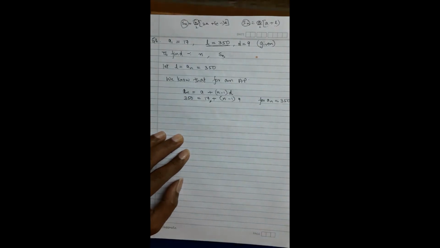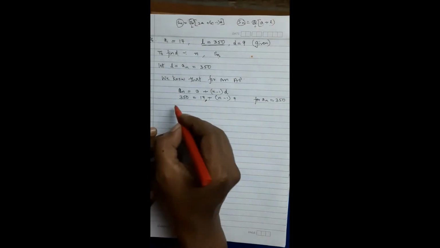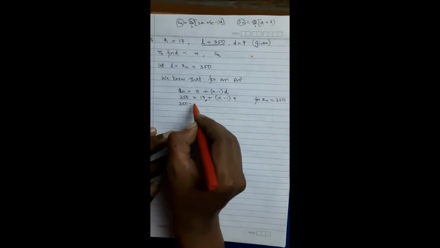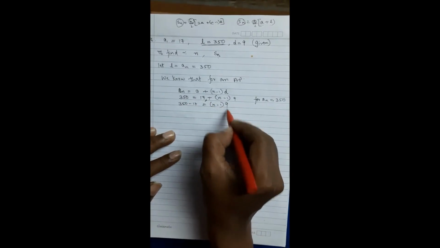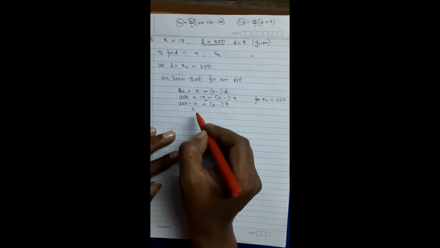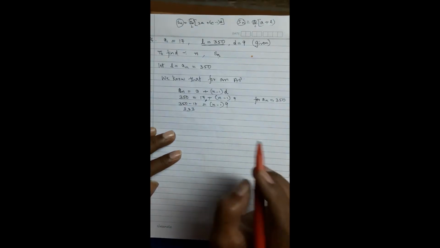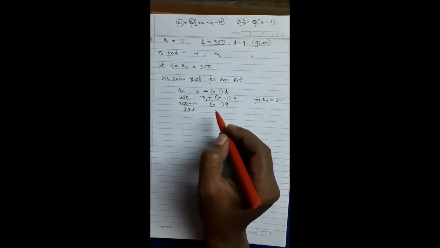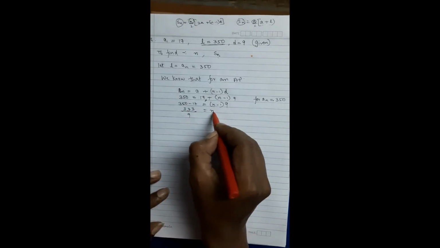This is what we are using. Now what do we get over here? 17 goes on the other side, 333. Now this 9 also comes over here, n minus 1.